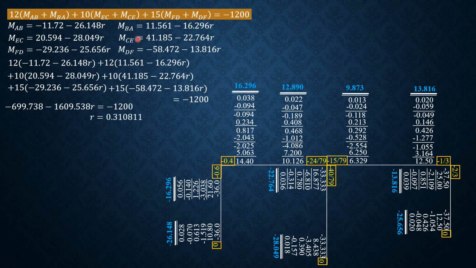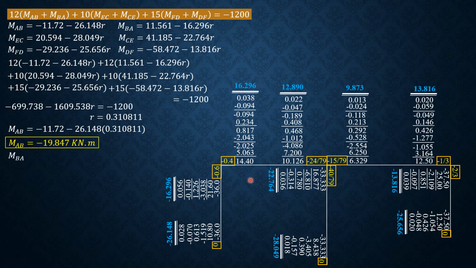MBA is 11.561 minus 16.296 times 0.310811. So MBA is equal to 6.496 kilonewton meter. So that means MBC is negative 6.496 kilonewton meter.